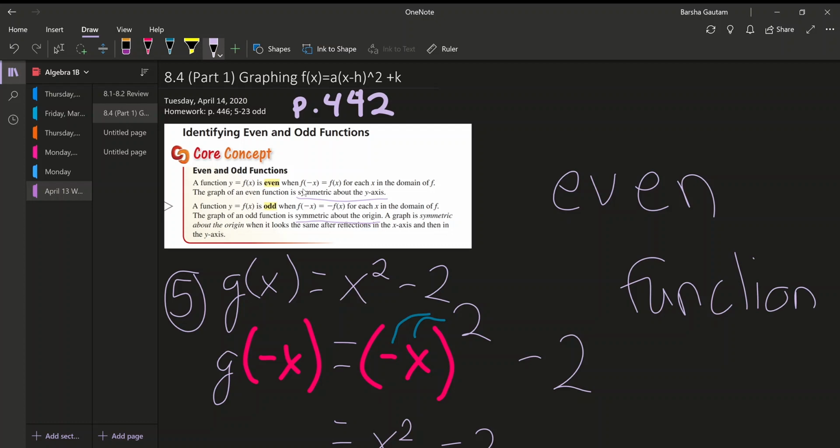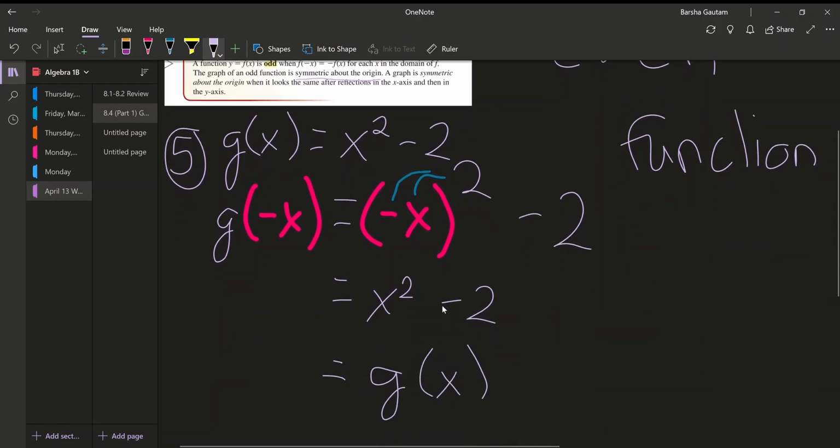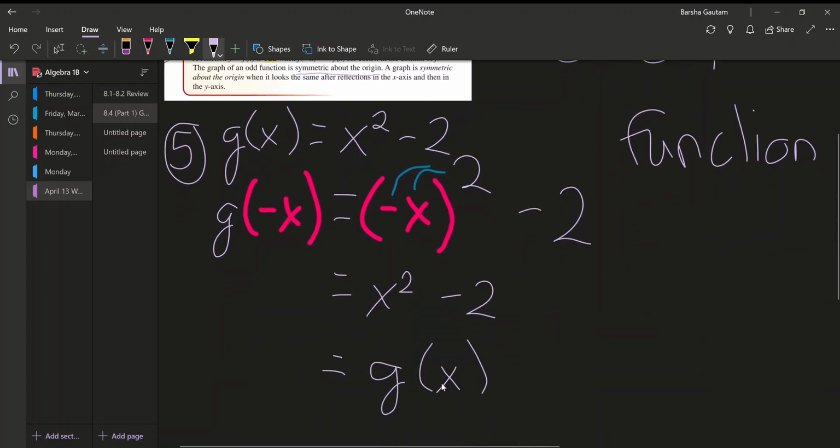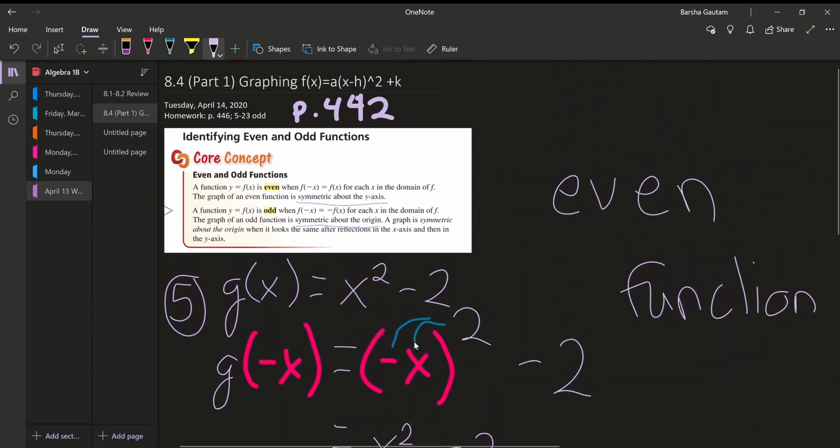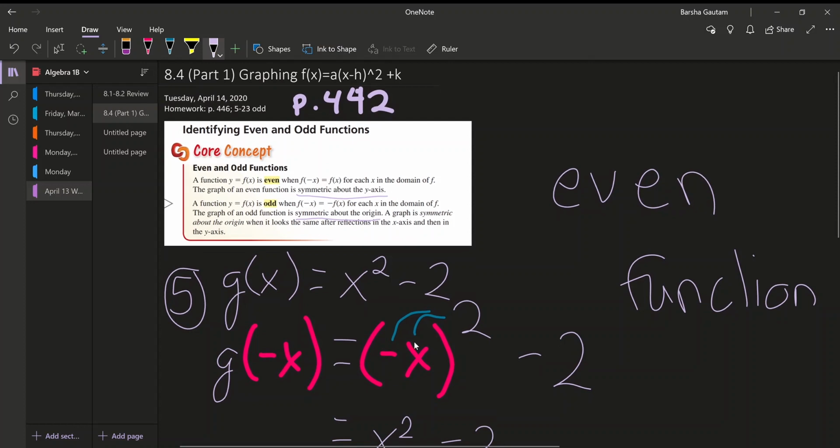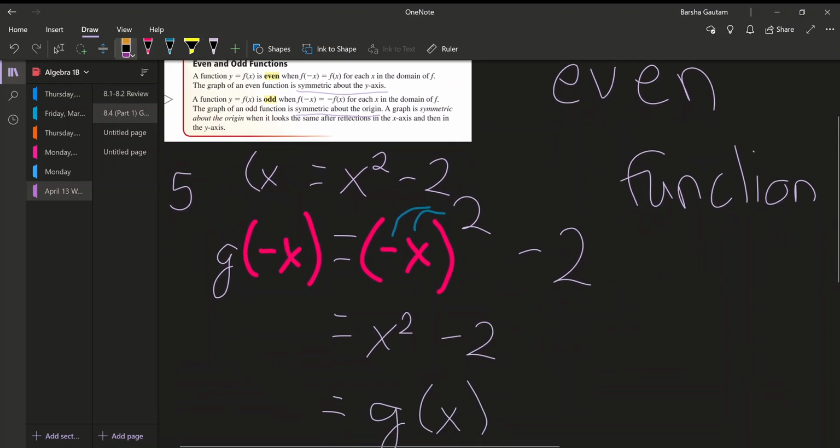This is an even function, right? Because we plugged in negative x and we still got g of x out of it, which makes it an even function. All right, let's erase this.